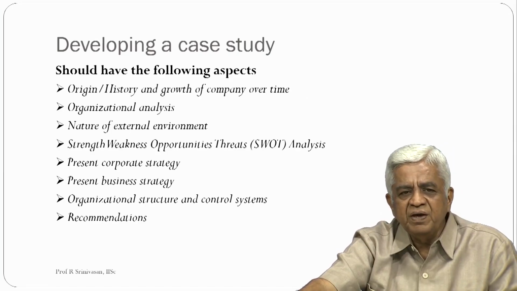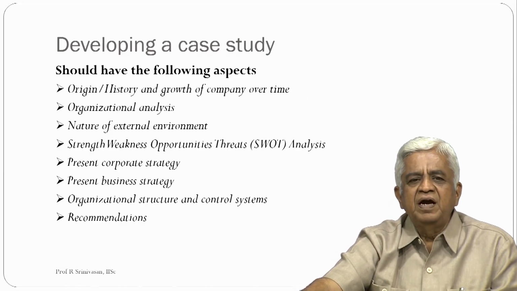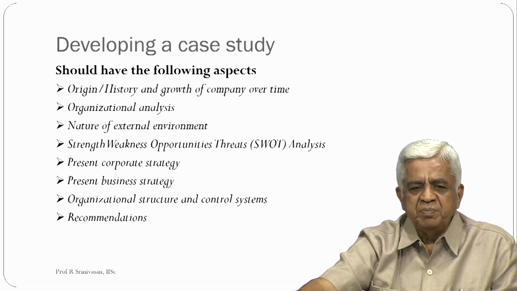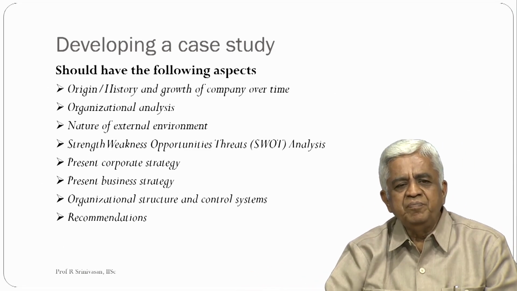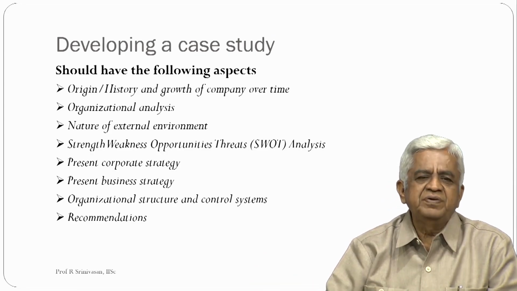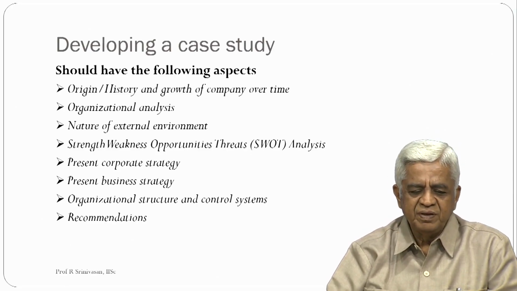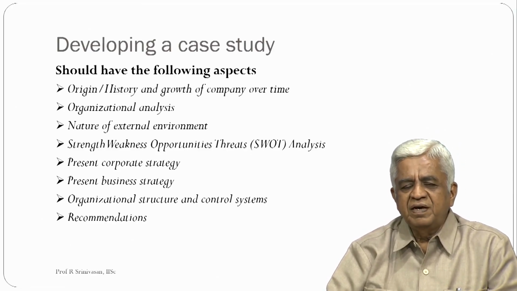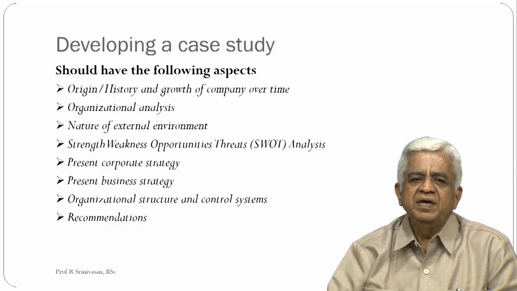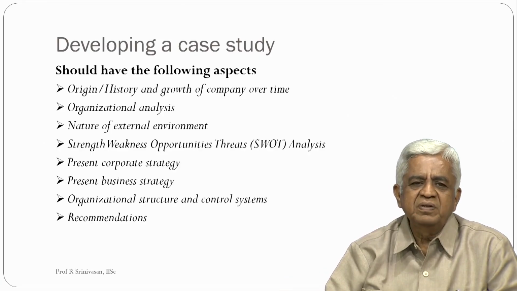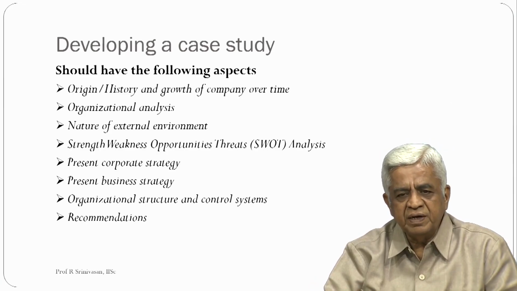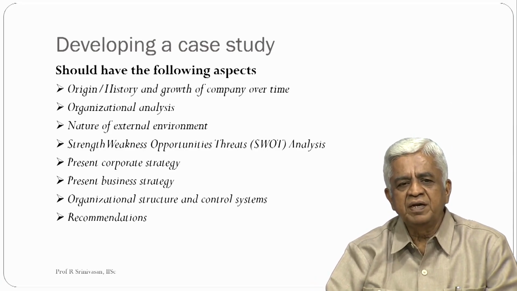One is to give the origin, history and growth of the company over time. So, it might be a 50-year-old company. When it is a 50-year-old company, you give a small history of the organization. Then at least for the last 5 years, you trace how this company has grown. What is the type of products or product lines, how they have performed in the market.